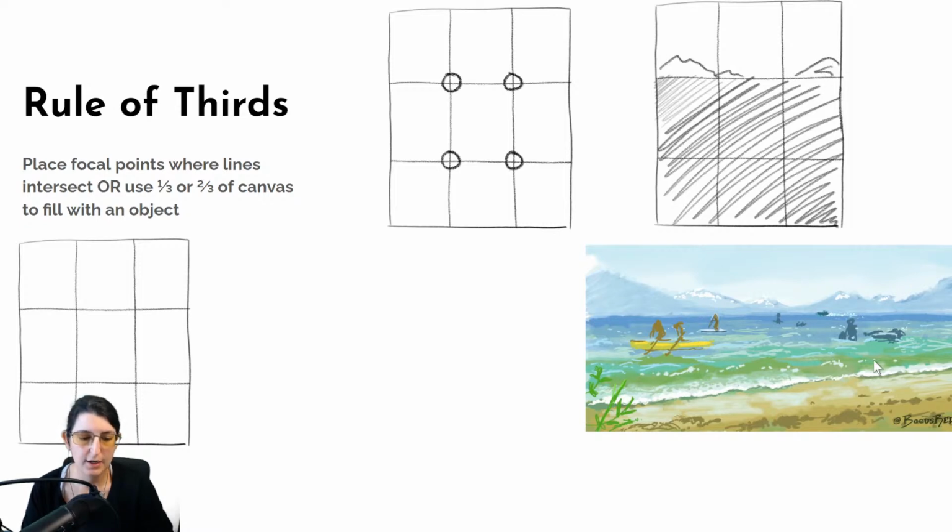You can see I use this rule of thirds here in this little painting I did. I did this on my cell phone while at Lake Tahoe. And the horizon line of the lake is roughly on that upper third of the piece.